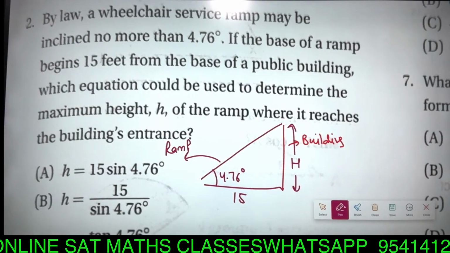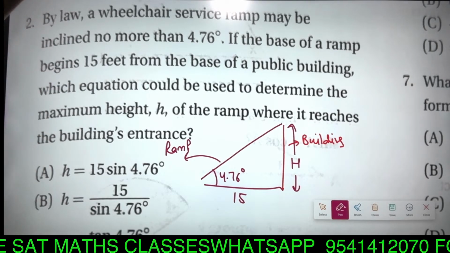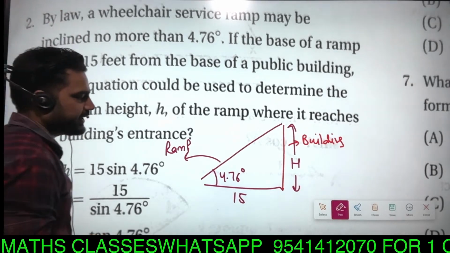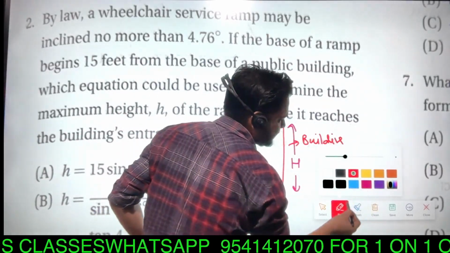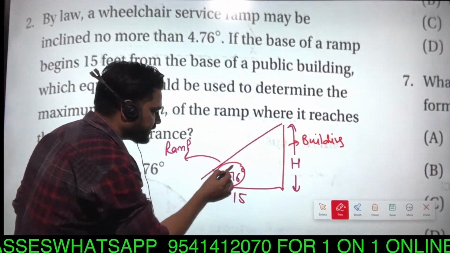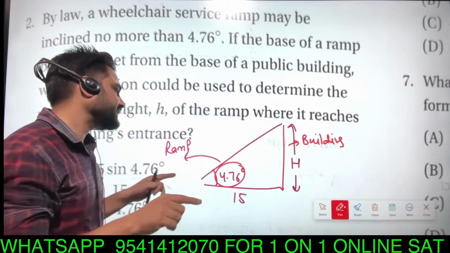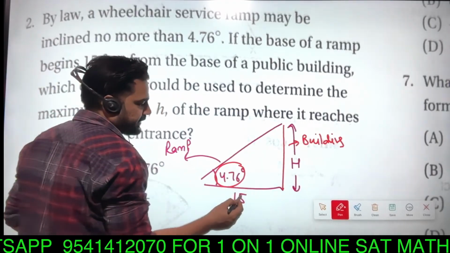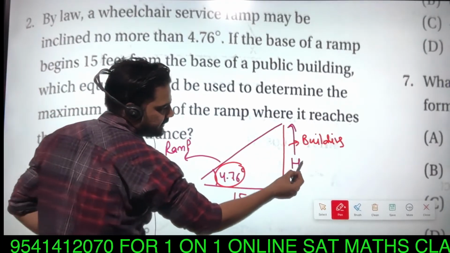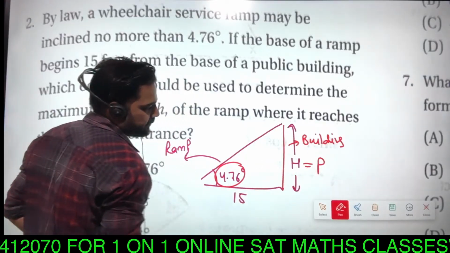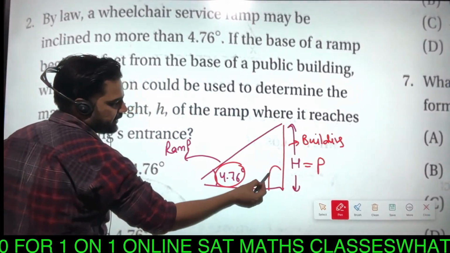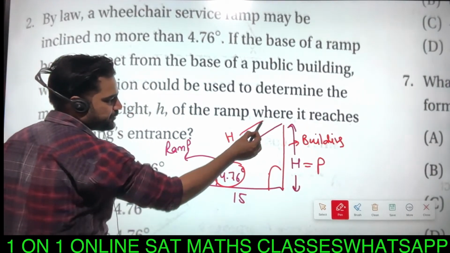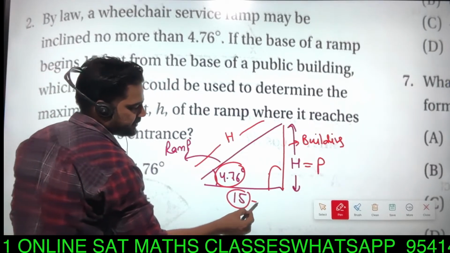Now which formula will we use? This is a very basic formula. In this figure, if we consider 4.76 degrees as the main angle, then anything opposite to the main angle will be our perpendicular. This is the right angle, and the side opposite the right angle is the hypotenuse, and this will be the base.